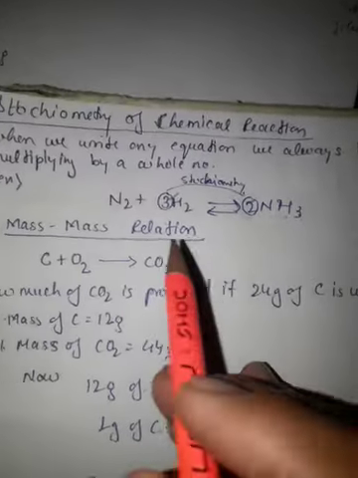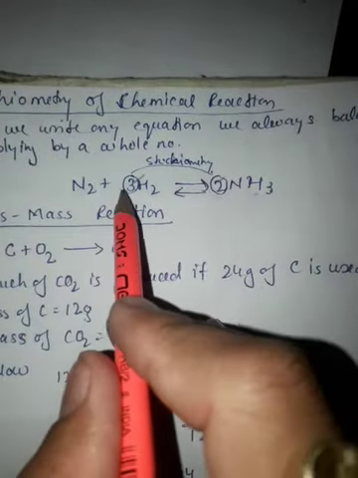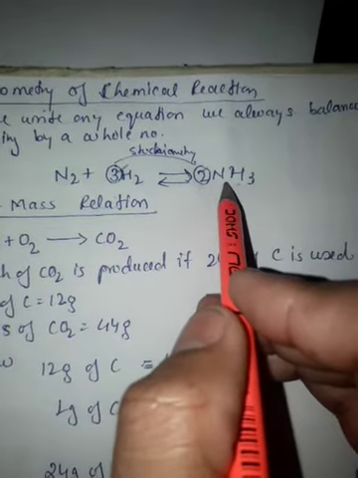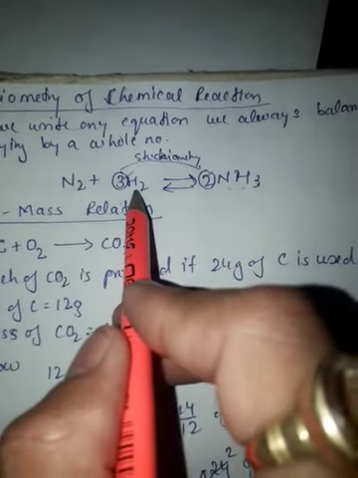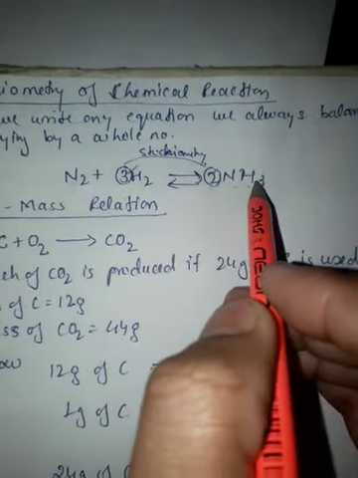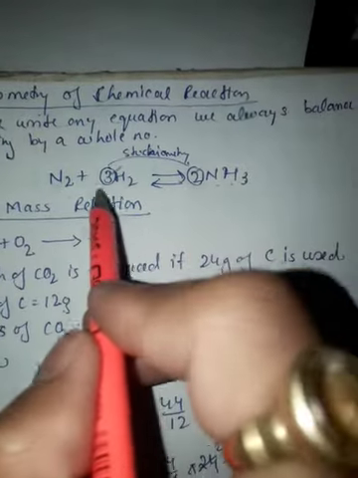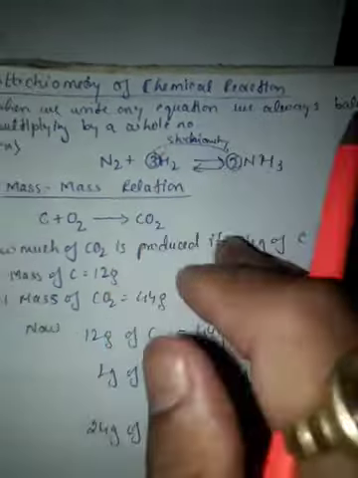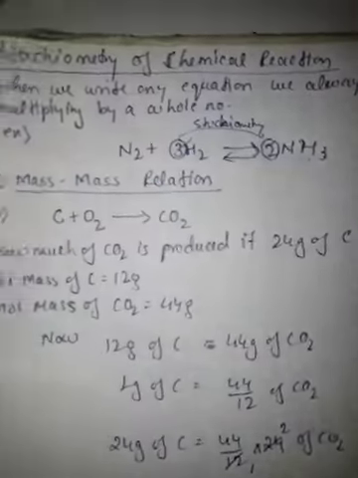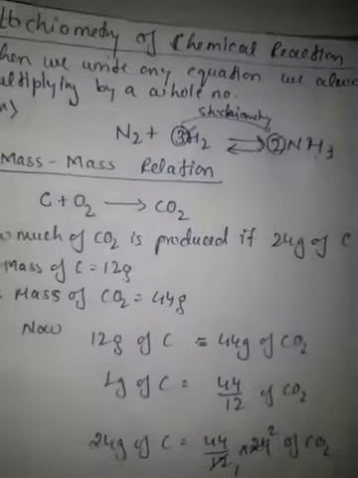Here I have taken an example for you: nitrogen reacts with hydrogen, it gives ammonia. That is, 1 mole of nitrogen reacts with 3 moles of hydrogen, it gives 2 moles of ammonia. This means 3 and 2 are the stoichiometric coefficients which balance the equation. There are 3 relations to calculate the stoichiometry.